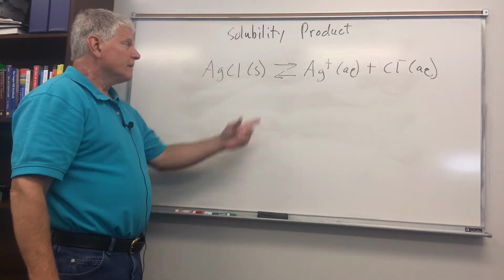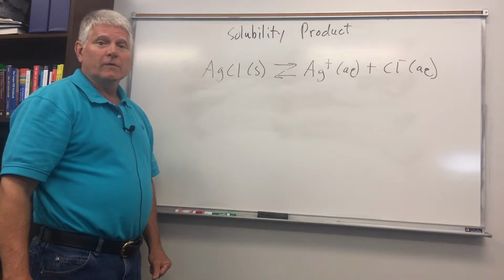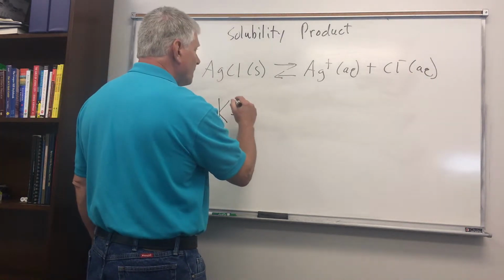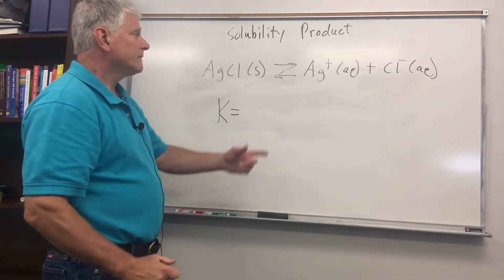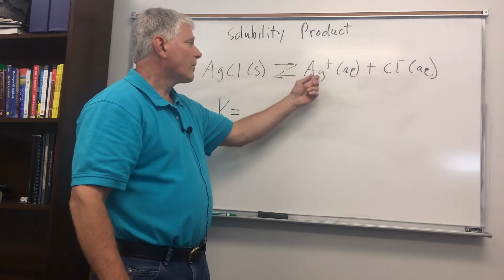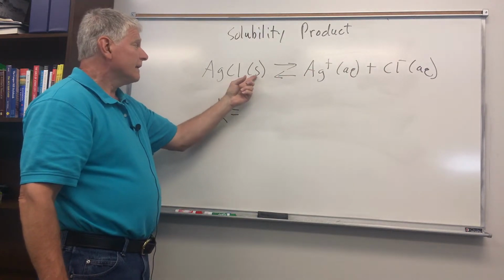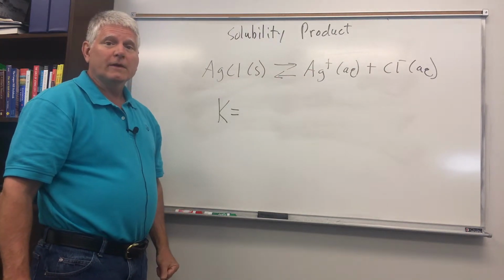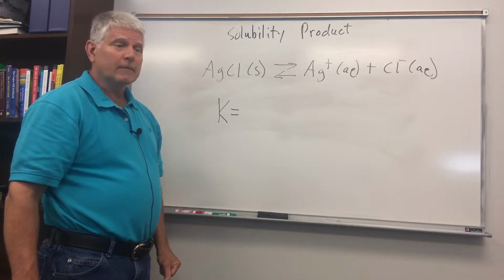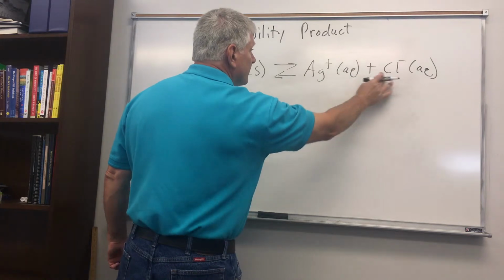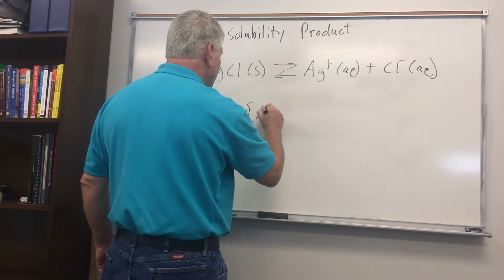And since this is an equilibrium, we can form an equilibrium constant. And the equilibrium constant is the concentrations of the products over the reactant. Now, this reactant is a solid, and so we don't include it in the equilibrium constant, and so only the aqueous products would be included.